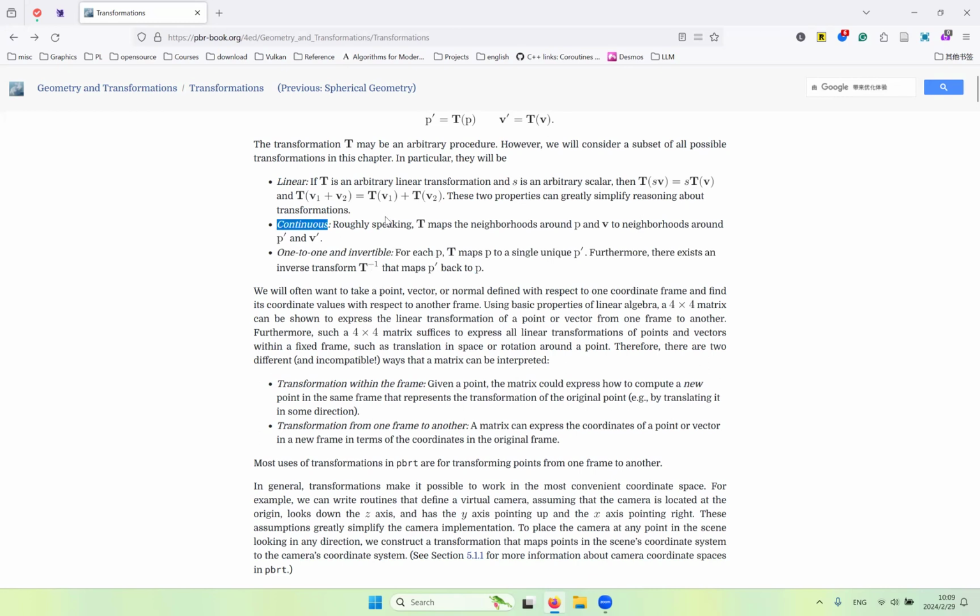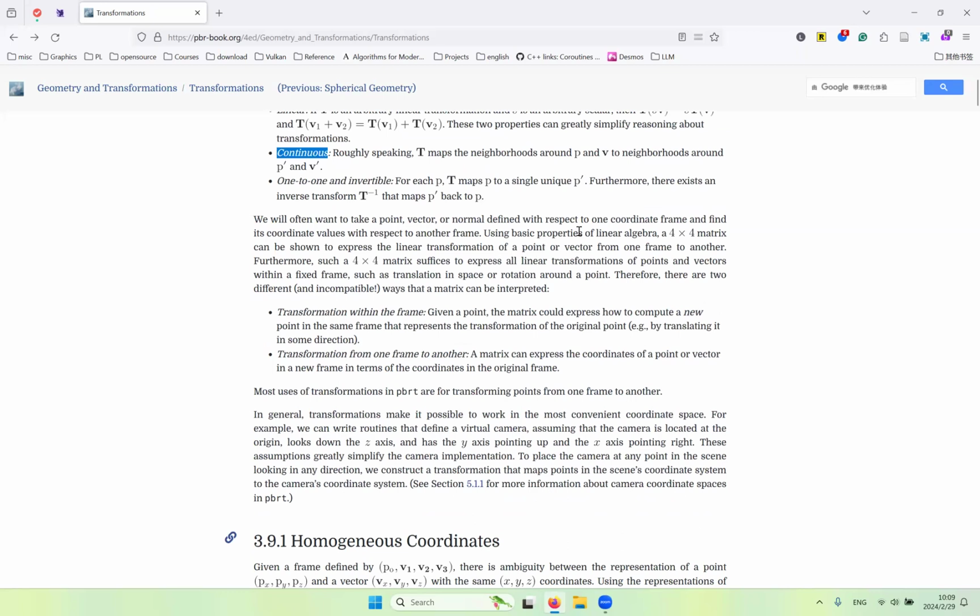And continuous is just also a nice property to have. A 4x4 matrix can be shown to express the linear transformation of a point or vector.